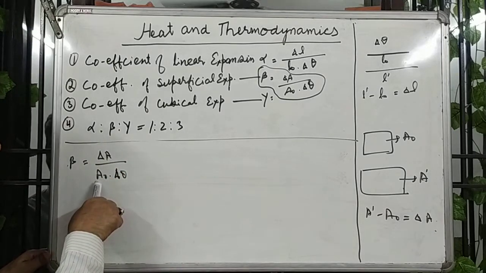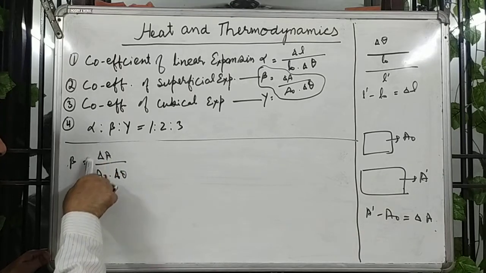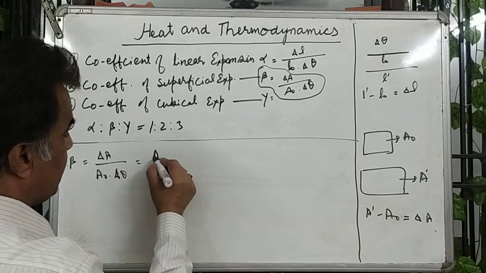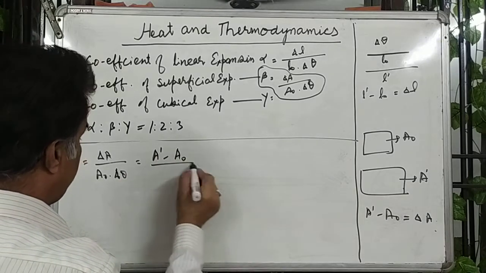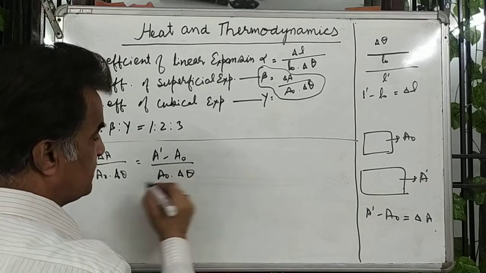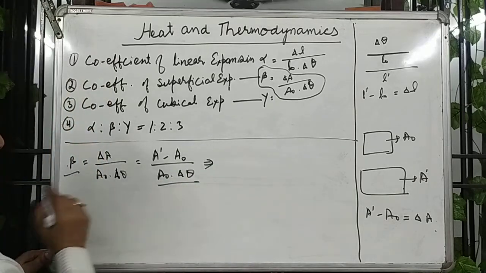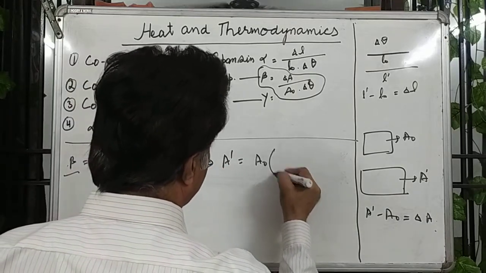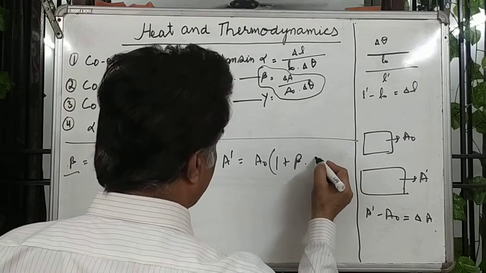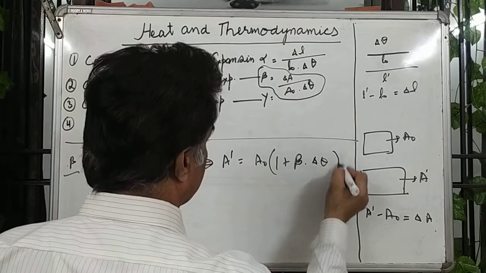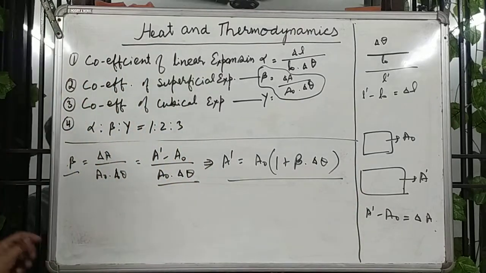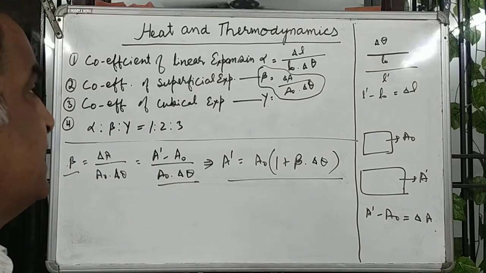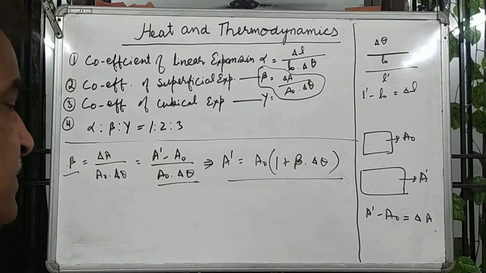Change in area divided by A naught, so this is the area change per unit area. In this you may write A dash minus A naught upon A naught into delta theta, and so you may write A dash equals A naught into 1 plus beta into delta theta. So this is the basic coefficient of areal expansion or superficial expansion.